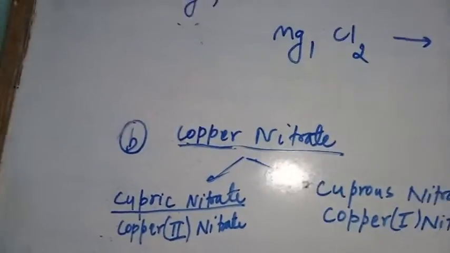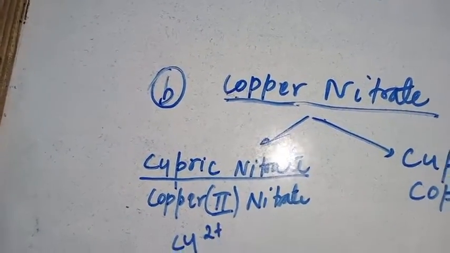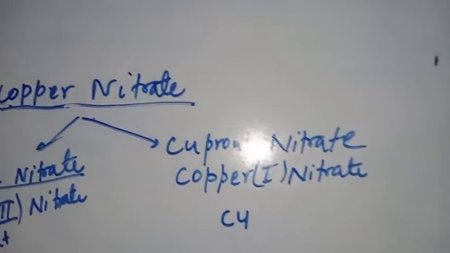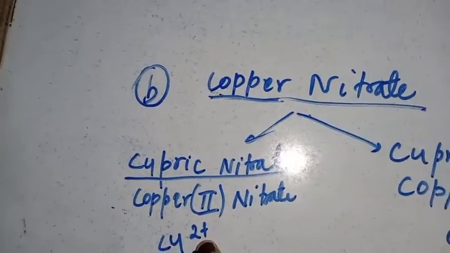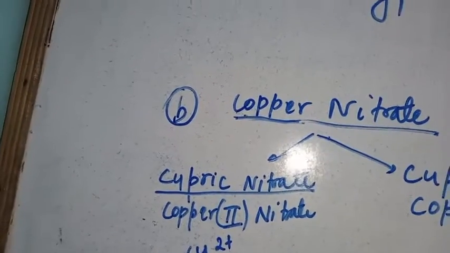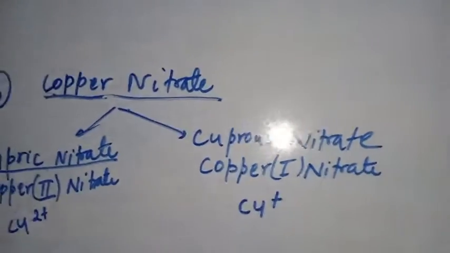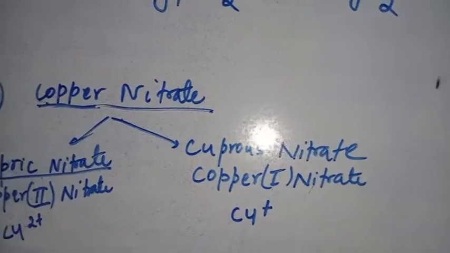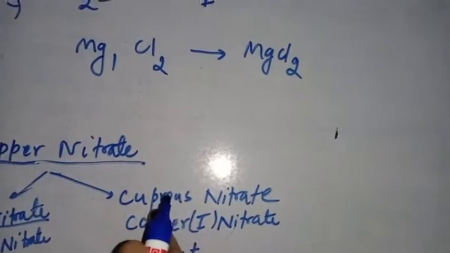Why are we writing copper 2, or what do you mean by cupric? As I told you, copper is in the form of Cu2+ also, and copper sometimes is in the form of Cu+. So if it has the net charge on it, that is 2 positive charges, then it is called copper 2 or cupric. And if it contains +1 positive charge on it, then it is called copper 1 or cuprous.